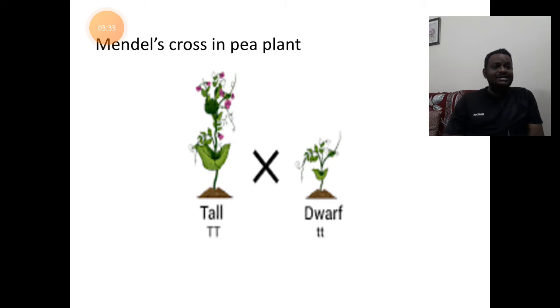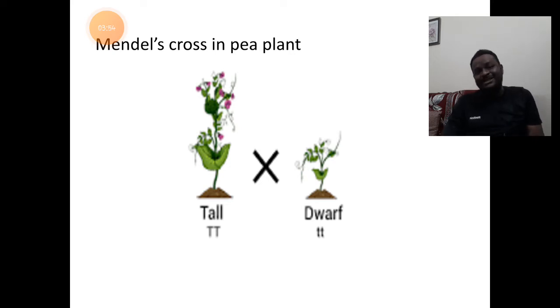But this kind of crossing for a particular character in any animal is very difficult. We cannot show the cross like this related to the characters of human beings, especially.